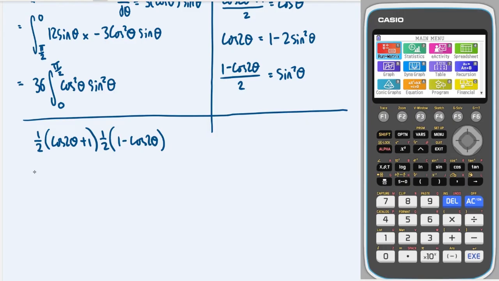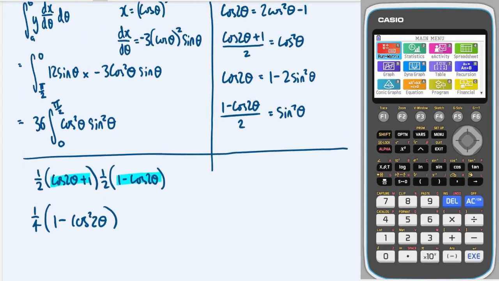So this is the same as 1/4, and what you'll notice with these two brackets is this will give us a difference of 2 squares. So that's the same as 1 squared minus cos squared 2 theta, like so.